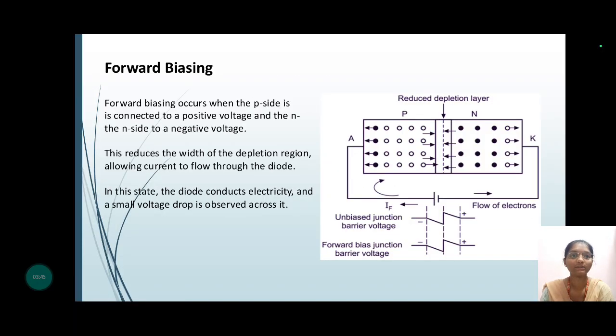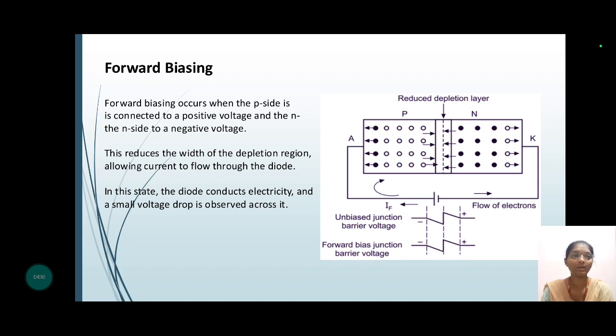Forward biasing occurs when the p side is connected to a positive voltage and the n side to a negative voltage. This reduces the width of the depletion region, allowing current to flow through the diode. In this state, the diode conducts electricity and a small voltage drop is observed across it.